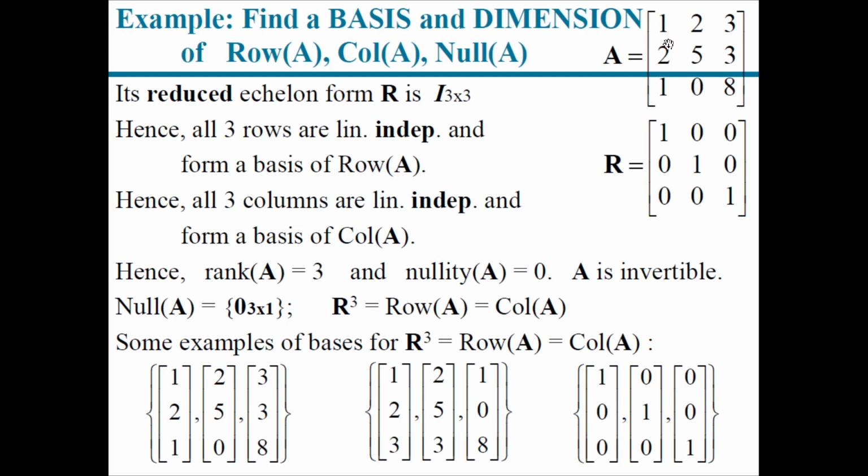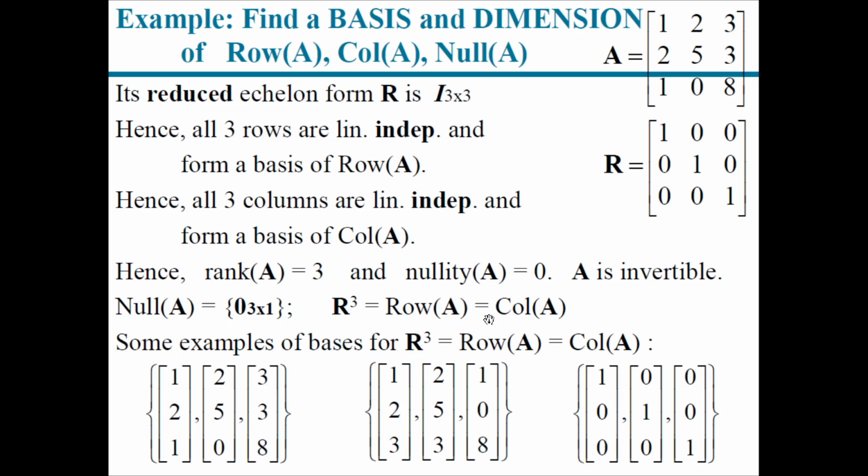But span of the columns is called column space of A, col A. So col A is equal to R3. But also all the rows are independent, and there are 3 of them with 3 components. So they form a basis for R3 also, and they are basis for row space also. So row space is actually R3 and column space is also R3.